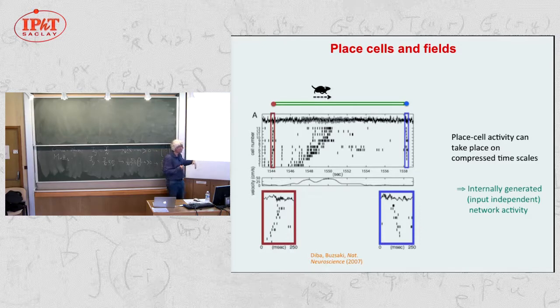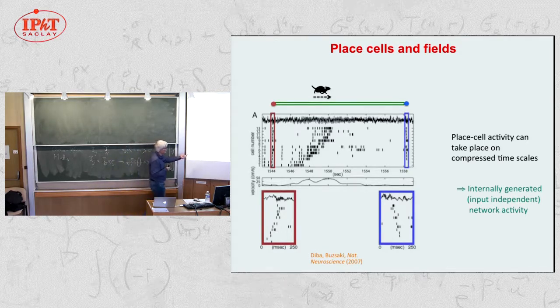This also corresponds to some specific rhythms called sharp waves, very strong excitations in the hippocampus, which are also found during memory consolidation. But the animal is not sleeping here. Replay is also important for memory consolidation, definitely.